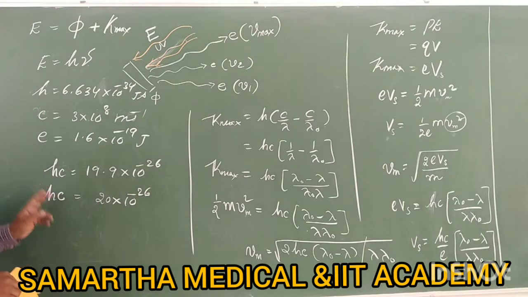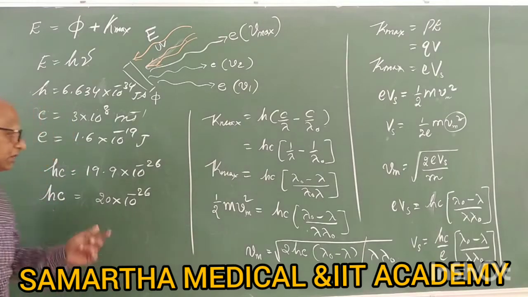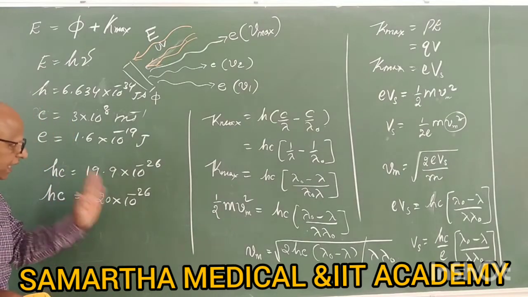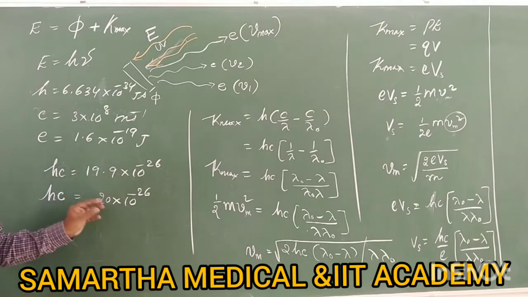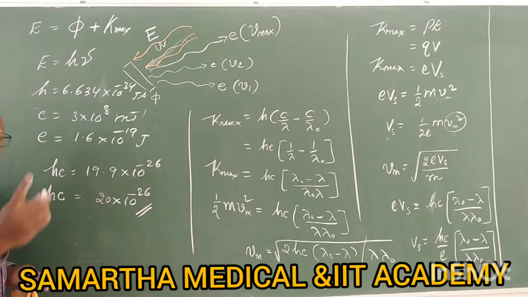Wherever Hc comes, for rough, fast calculations you can use 19.9, otherwise use directly 20 into 10 to the power of minus 26. It will be of greater use for you, it saves a lot of time.